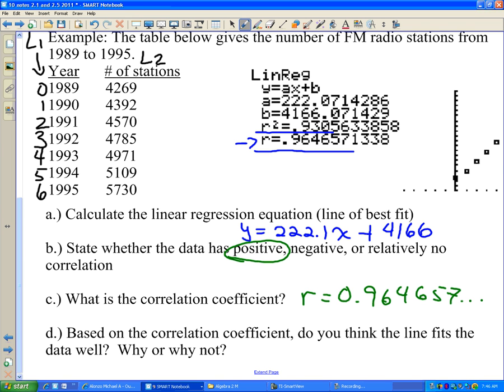It doesn't make any sense. I doubt you're ever going to have anything that far off. I think it gets somewhat close. So 0.96 is a good coefficient because it's between 0.8 and 1. So I know that this is a good line of best fit.